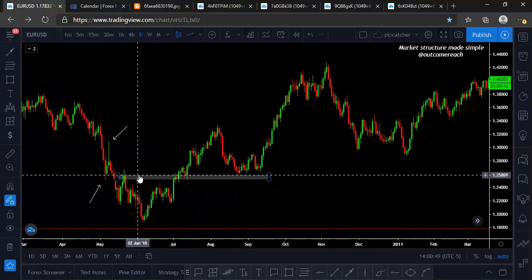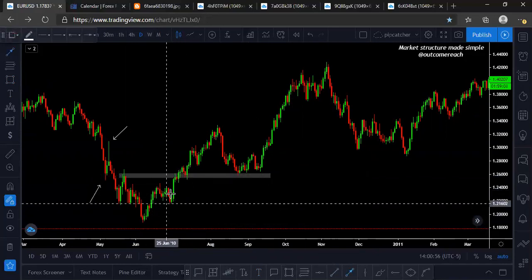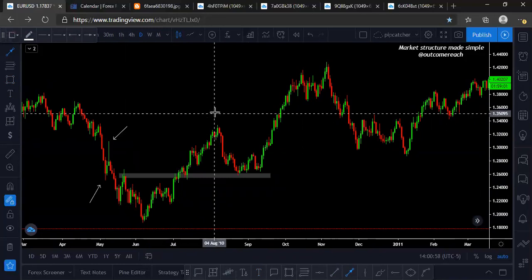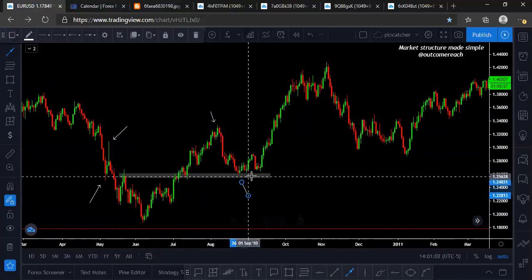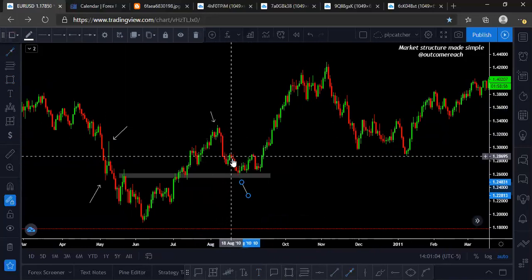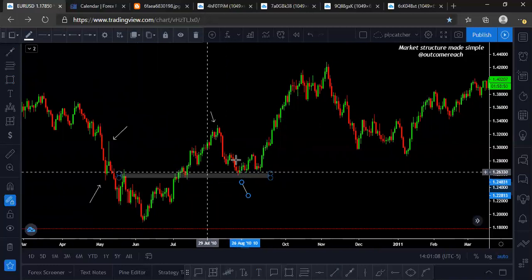And we can see now we have a new high and a new higher low, excuse me. Structure broke structure.